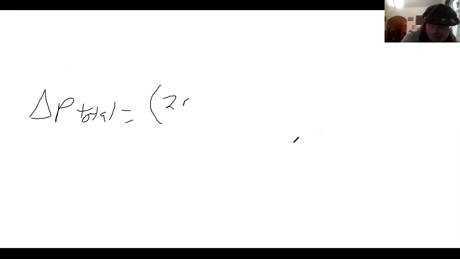So P total is equal to, for one molecule, 2 mvx times the number of collisions.